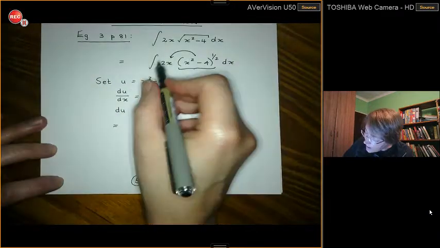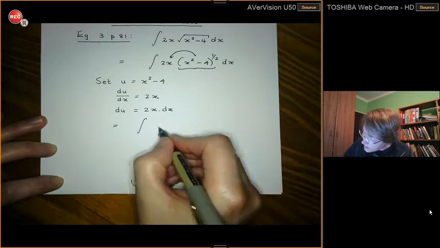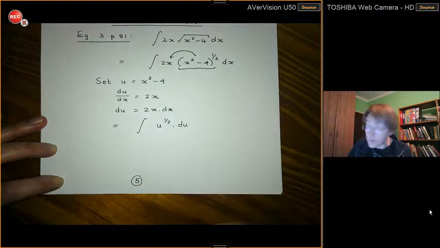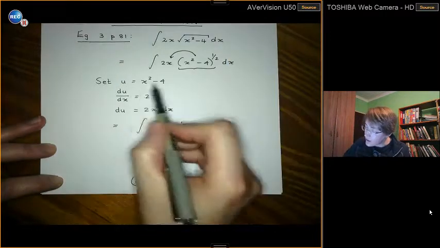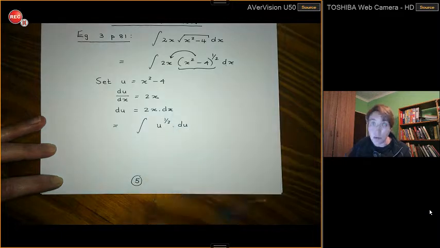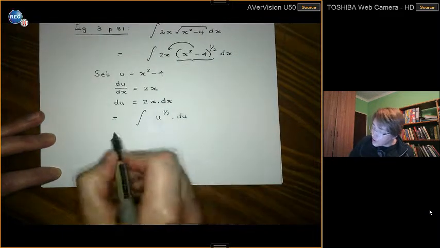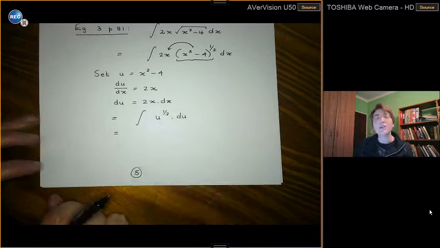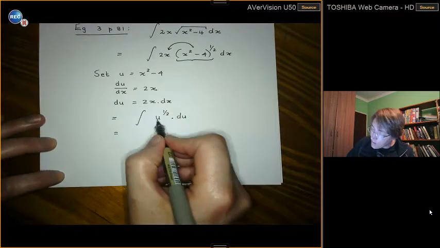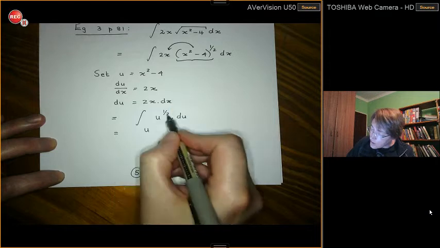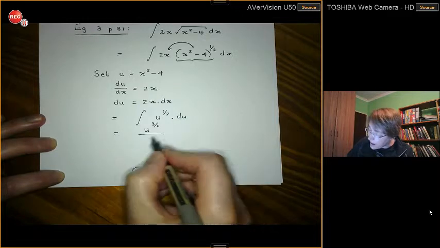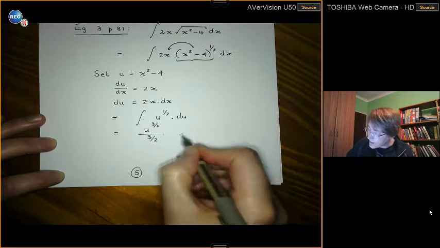So I can rewrite this entire integral and say it is then u to the power of a half du. Hopefully you guys can see that. This got substituted by u, and that 2x dx got substituted by du. Okay, so this right there actually becomes an incredibly easy integral to do. All you have to do is say it's u, take that exponent, make it 1 more, so to the power of 3 over 2, divided by the power of 3 over 2 plus c.